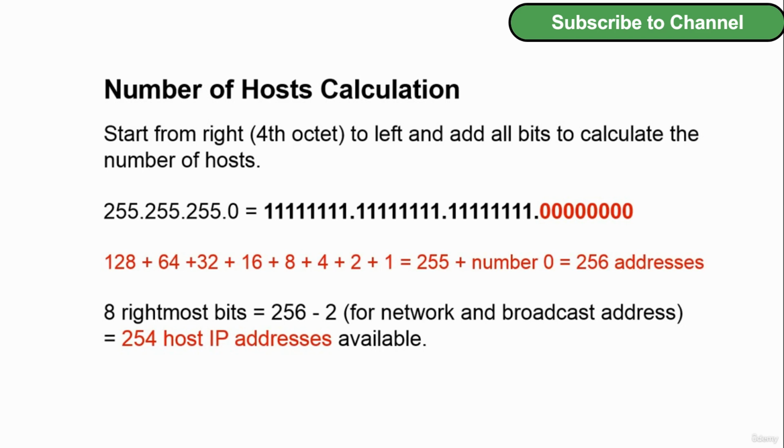So technically there's 256 possible addresses, that's 2 to the power of 8, 256, minus 2 for the network and broadcast addresses that are not assignable to any host IP interface, desktop or whatever it is. And that leaves me with the 254 host IP addresses I have available for assignment to that subnet.